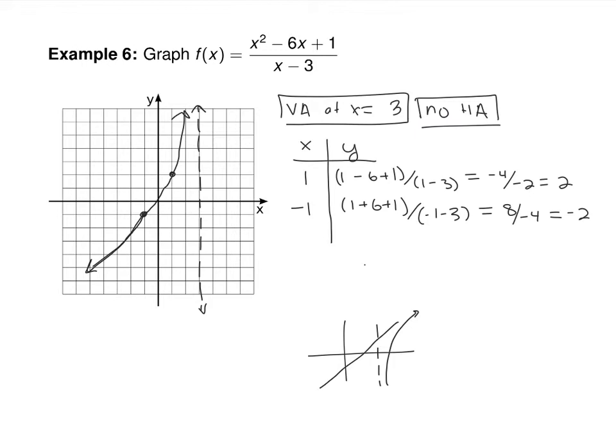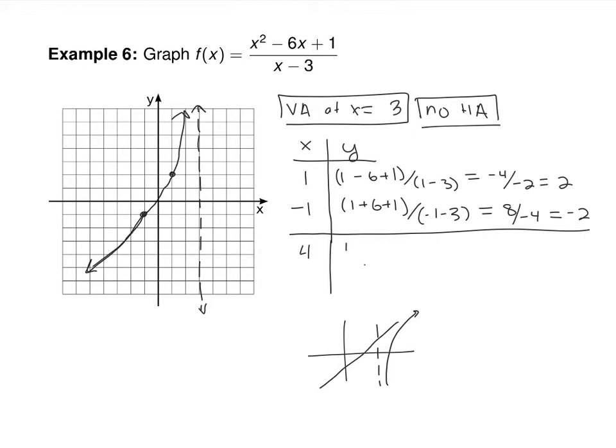Now let's pick some other numbers on the other side. So what, you can't pick 3. How about 4? 4 would be okay, right? One way you can tell a number is going to work out nicely is that, like, say when you plug in 4, your denominator is 4 minus 3, which is 1, and dividing by 1 will always yield a whole number. Does that make sense? Okay.